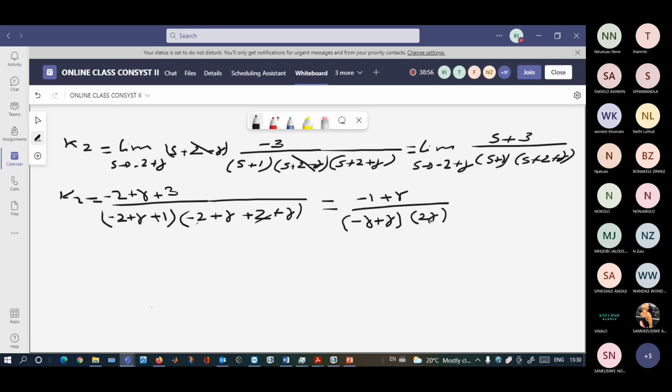Is it right? Yes, on the numerator, the 1 is plus. Yes, you're right, I've seen it now. It's plus 1 here. So now we can try to solve this one.